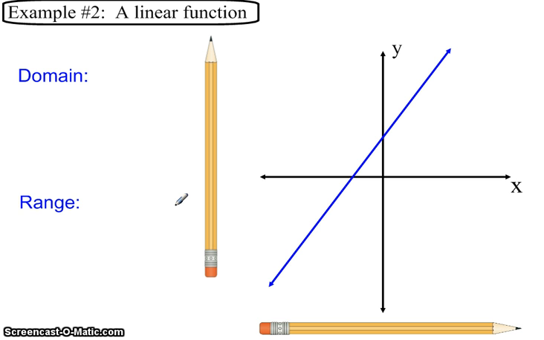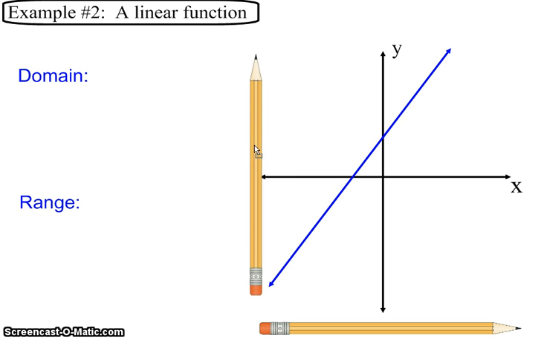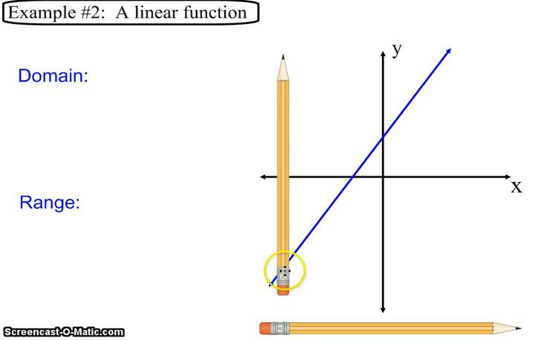It's a line. And the domain, again, all the possible x values. So what I like to do is take my pencil and go from left to right. And I can see when I hit the graph here, it's got an arrowhead here, so that means it's going infinitely down and to the left.